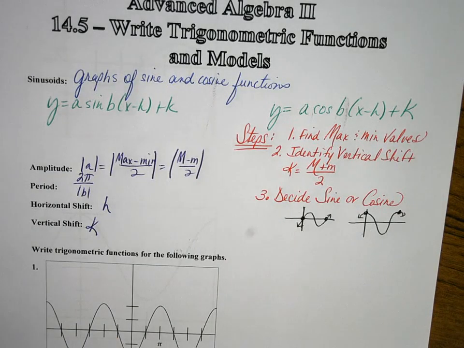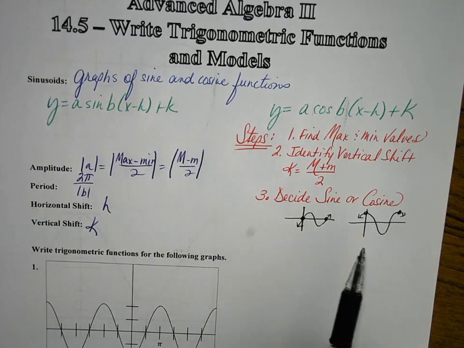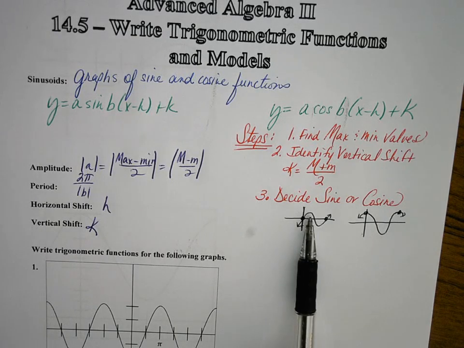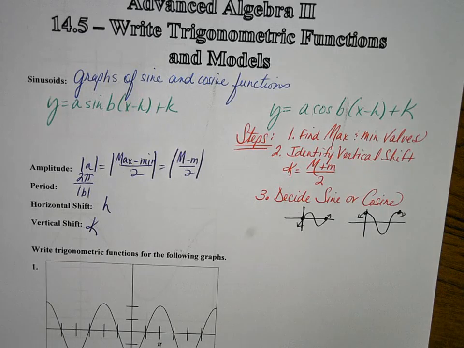Now, we should realize, do sine and cosine look similar? Yeah, absolutely. They have the same wave. They just simply start in different places. So please let me know if it doesn't make sense. Isn't it true that cosine is just sine shifted? If I take sine and I shift it to the left this much, I actually get a cosine graph.